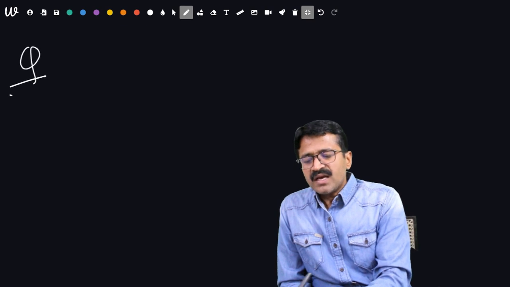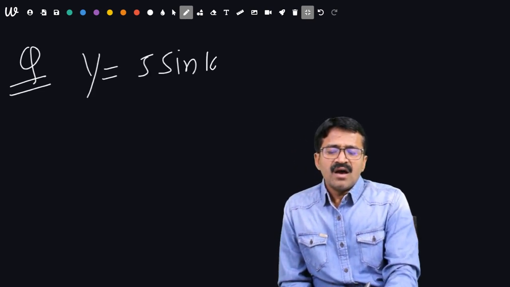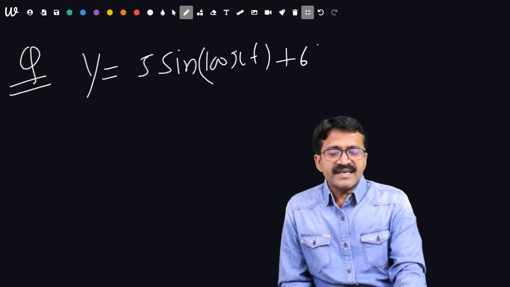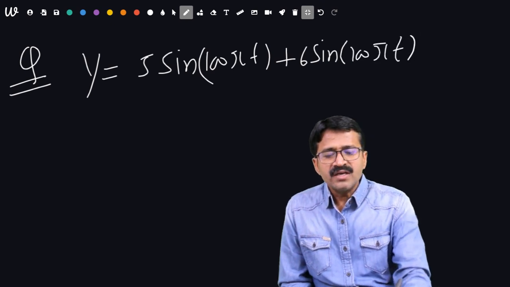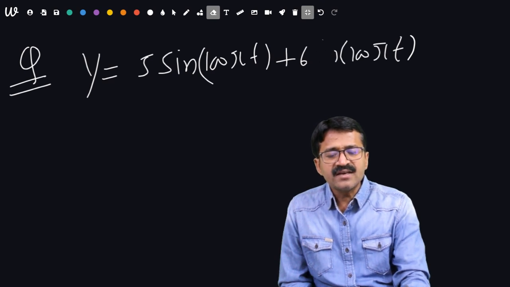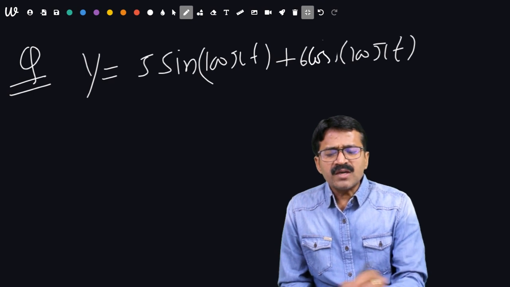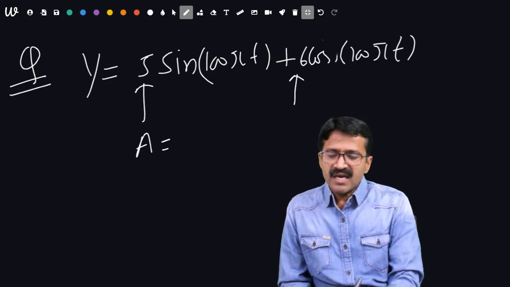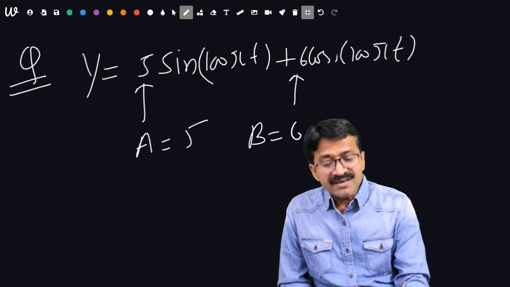Question: if y = 5 sin 100πt + 6 cos 100πt, not sine here, there will be cos. Then what about these 5 and 6? These are A and B. A = 5, B = 6. Then what about the resultant amplitude?